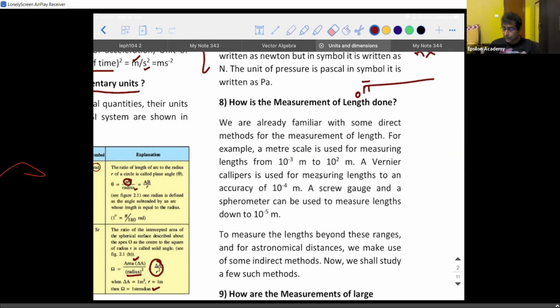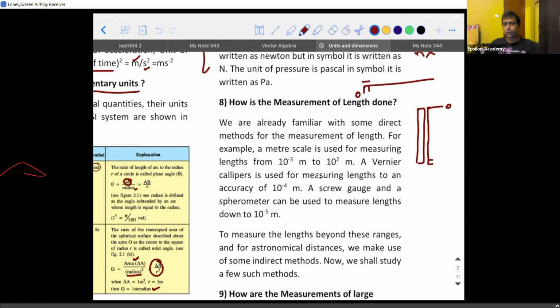Suppose, let's say your pen is like this. And you're measuring, the zero is here. You're measuring in such a way that this particular end falls between two lines. The distance between two subsequent lines is 1 millimeter.